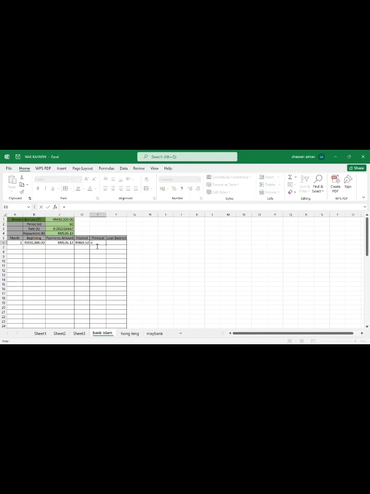For the principal, equal C6 minus D6. And for the loan balance, equal B6 minus E6.